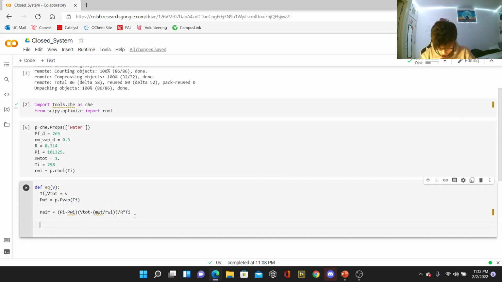Now, after the moles of air, we can do the mass of the liquid water. Mass of water total minus, and like I said, we're going to be using the desireds instead. I think PEMDAS should make this okay.